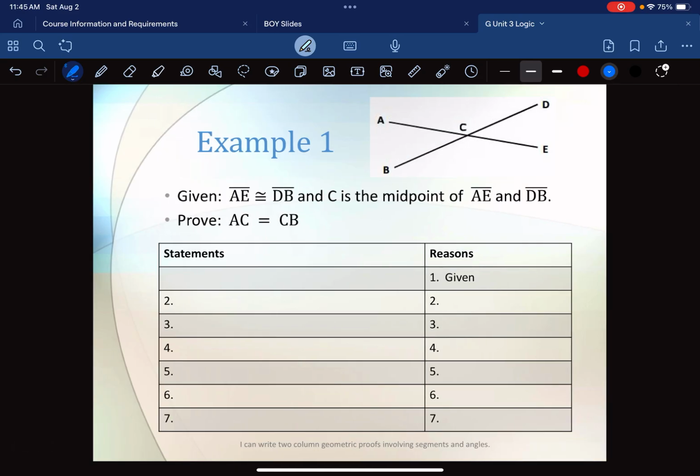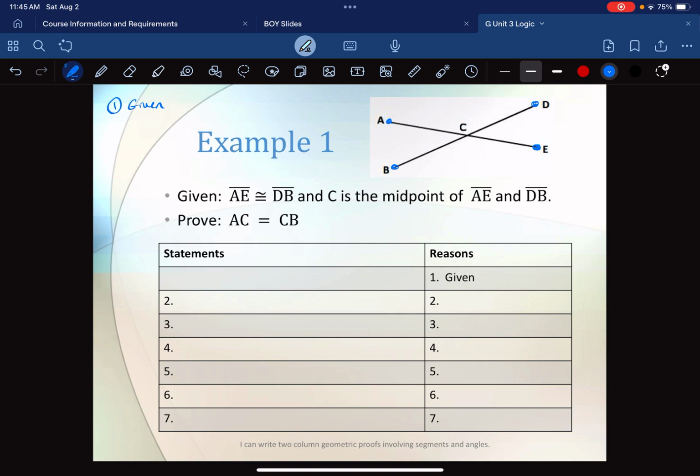All right, so let's look at some proofs with this now. A lot of proofs are going to have a drawing. The very first thing you want to do is look at what you're given, and write that down as statement 1. So we're given that segment AE is congruent to segment DB. That means these two long segments in the drawing are congruent. Hopefully you're thinking to yourself, well, if they're congruent, they're also equal.